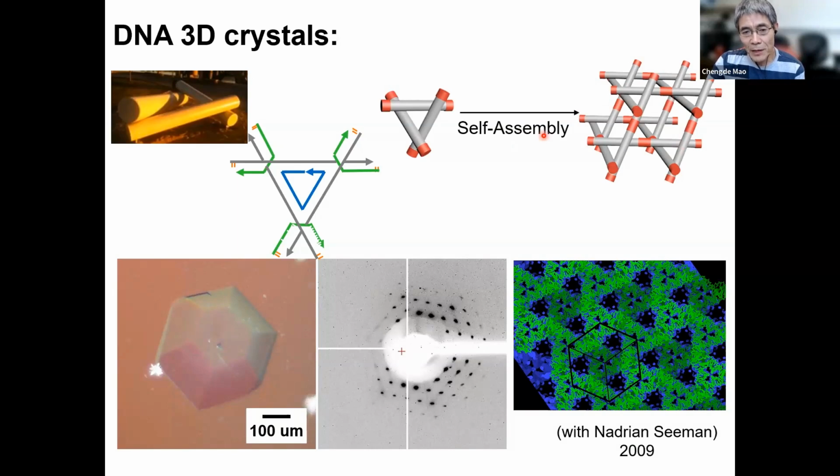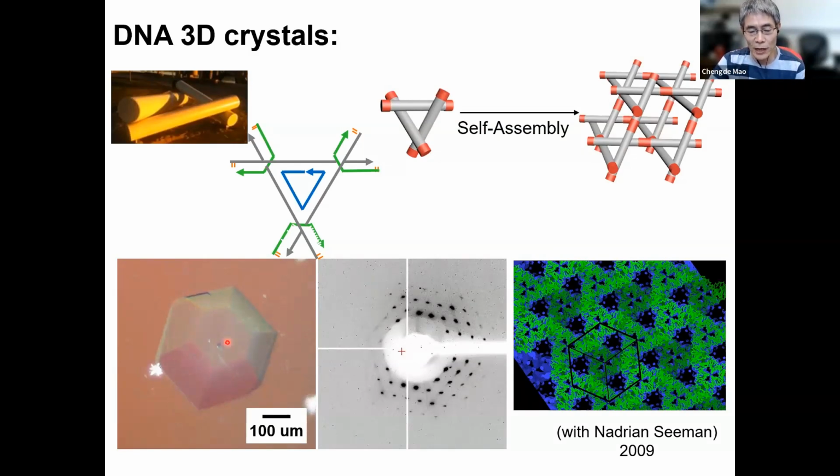This is our design. We make this DNA building block, again made from three different DNA strands. You put it together, then concentrate it in solution, and it will associate together into DNA crystals.